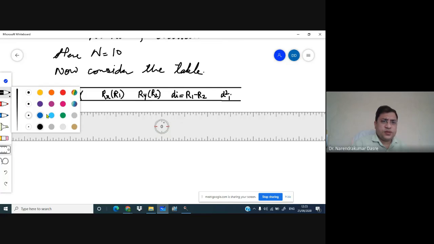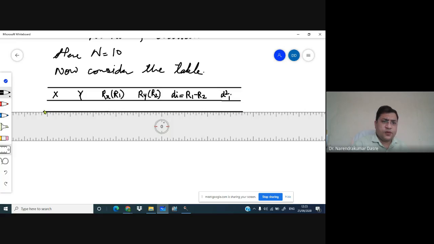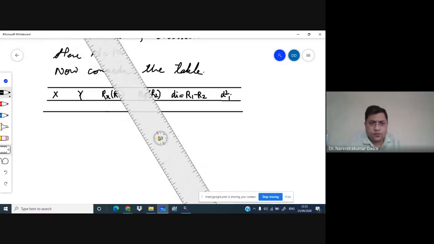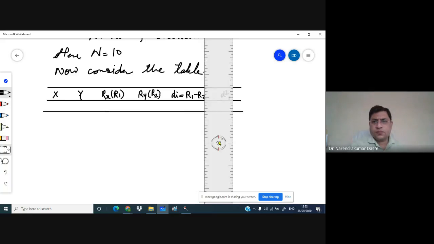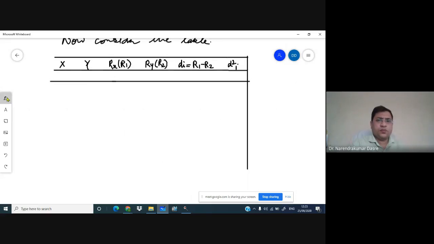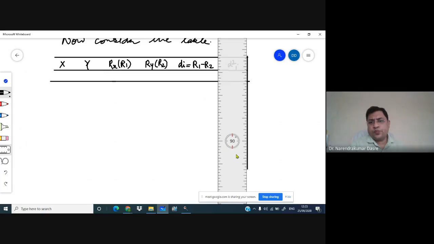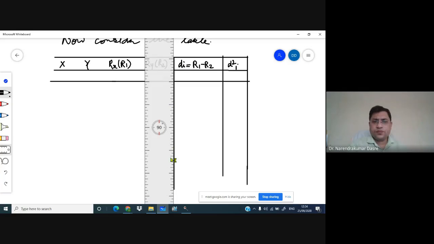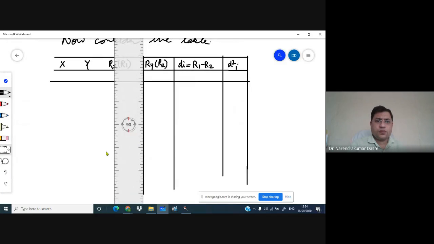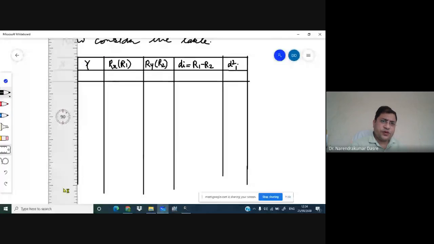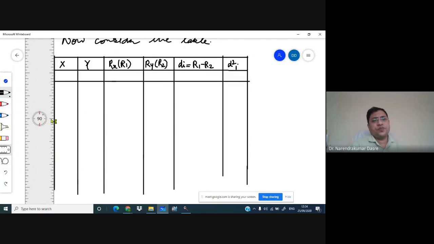Now we have to make a table here. Please make this table properly so that you will not have any trouble in calculations.